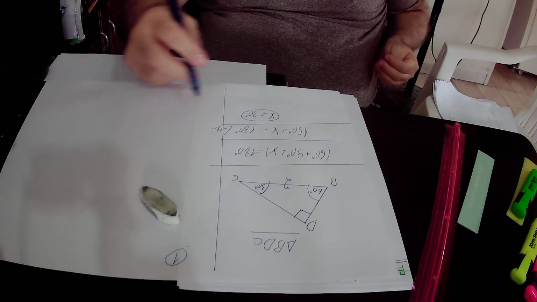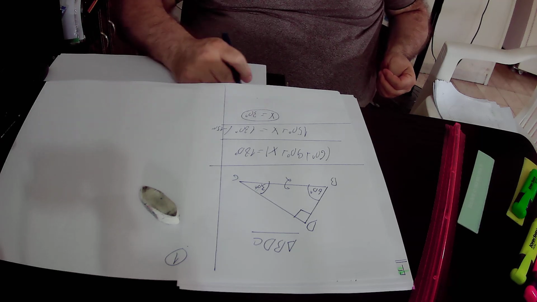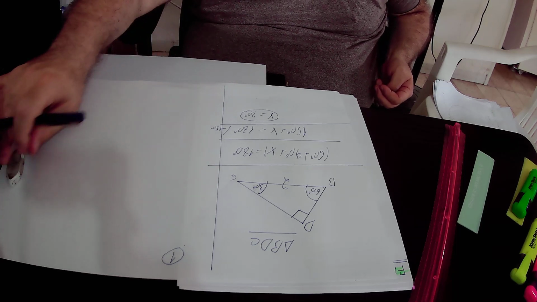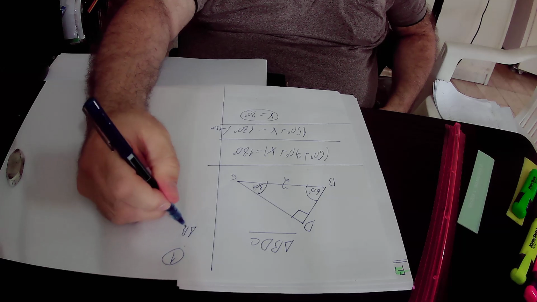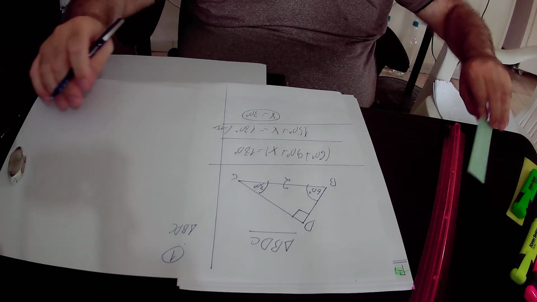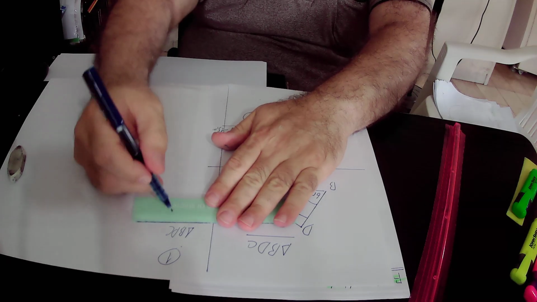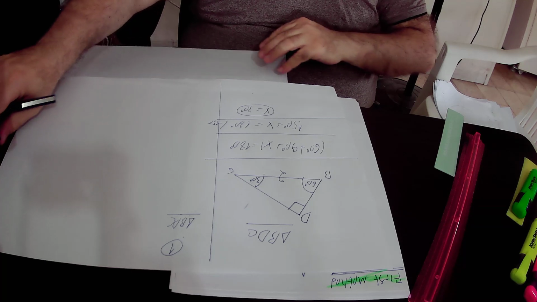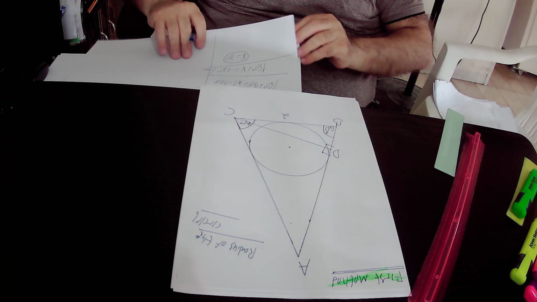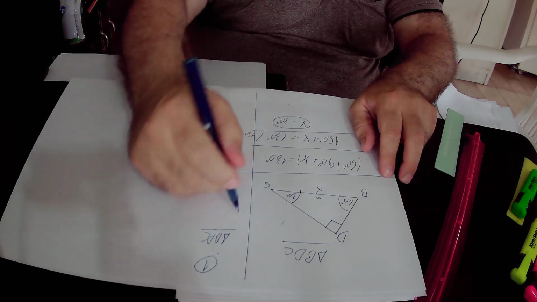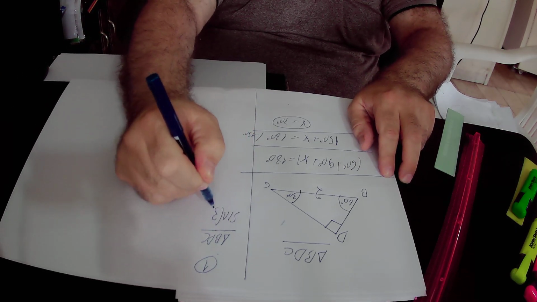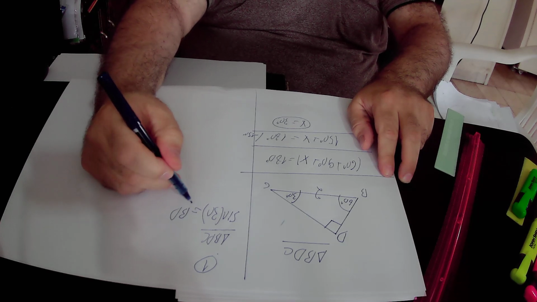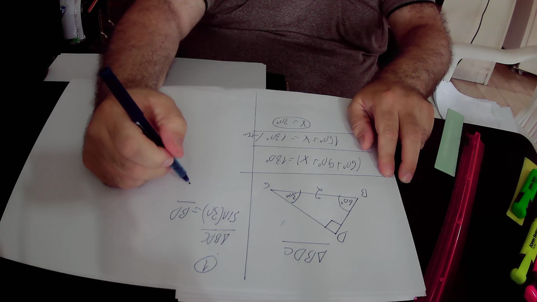So we continue to focus on the right triangle, triangle BDC. In the right triangle, triangle BDC, we know that sine 30 degrees is equal to BD over BC.